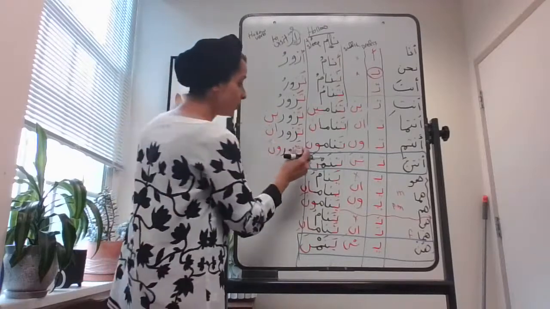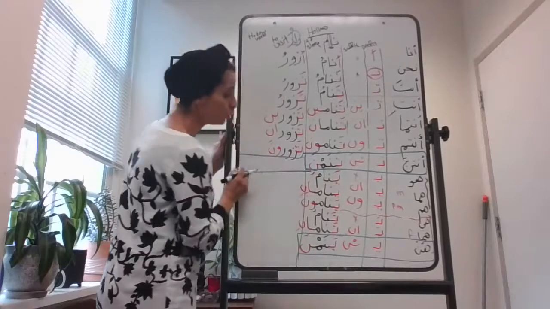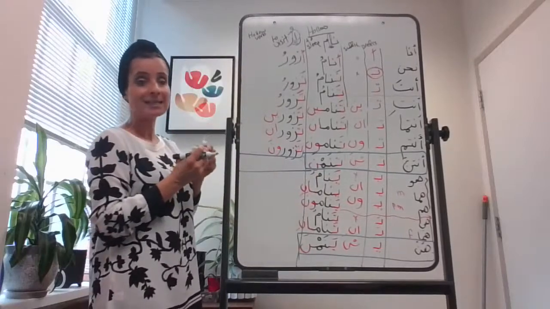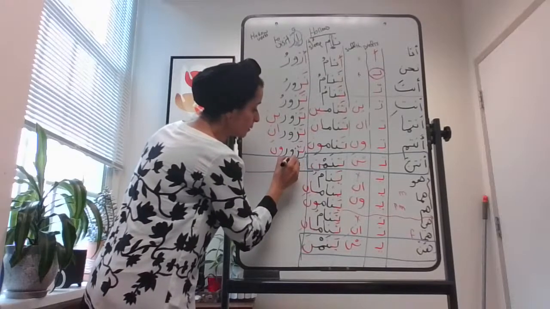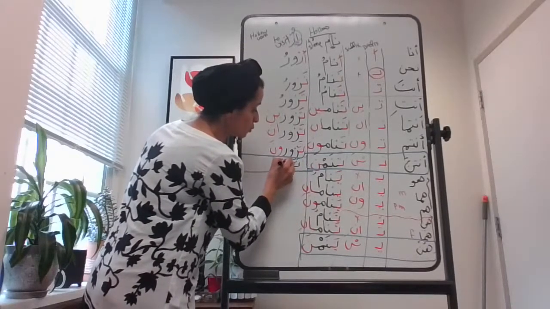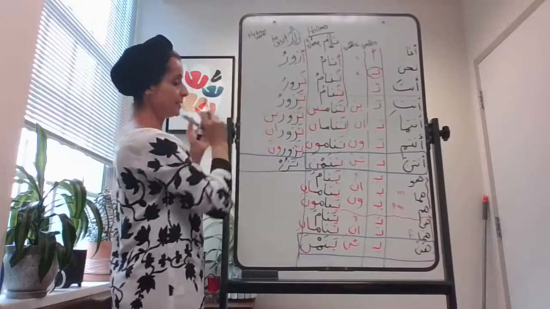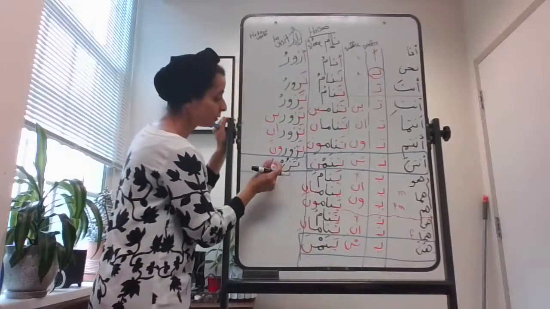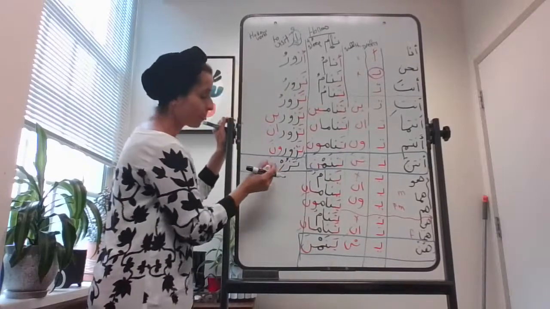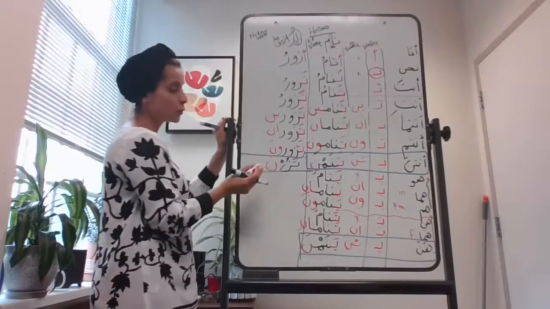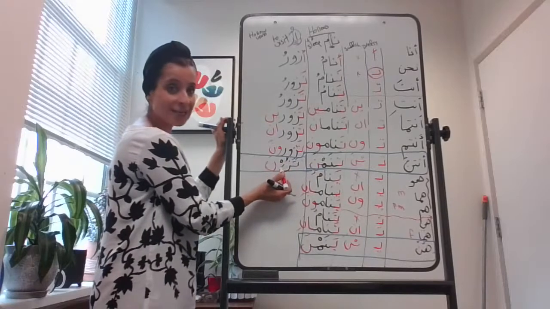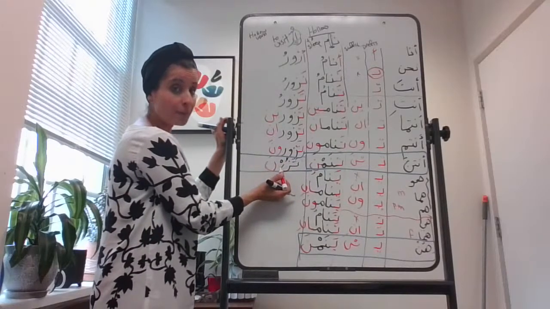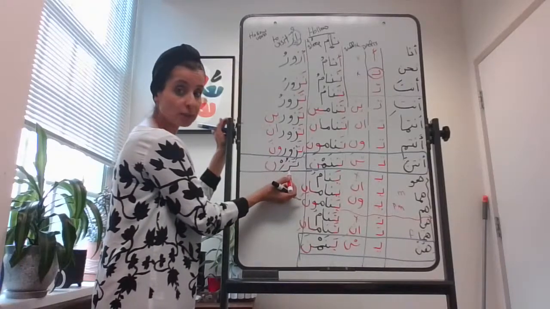Remember, with antunna you drop the vowel. You delete the vowel. Antunna tazurna. And if you notice, after we deleted the waw, we placed a short vowel of the same sound as the long vowel on the first root.